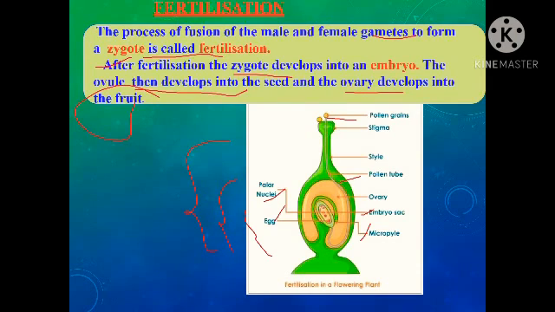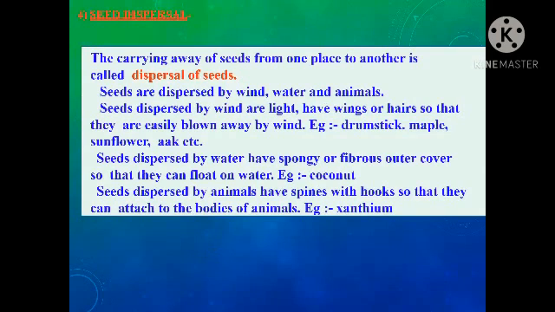Coming to seed dispersal, the carrying away of seeds from one place to another is called dispersal of seeds. Seeds are dispersed by wind, water, and animals. Seeds dispersed by wind are light. They have wings or hairs so that they are easily blown away by the wind.